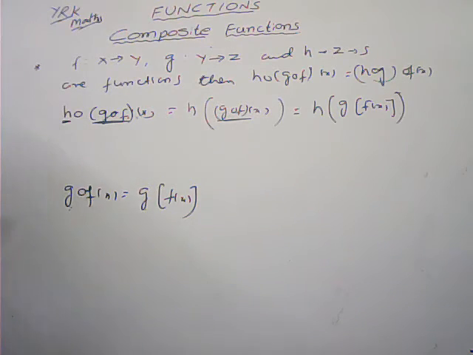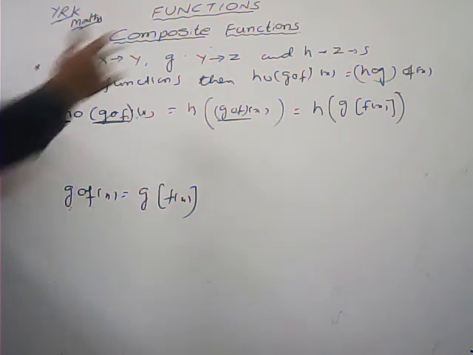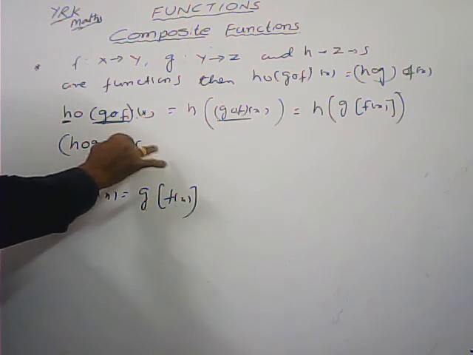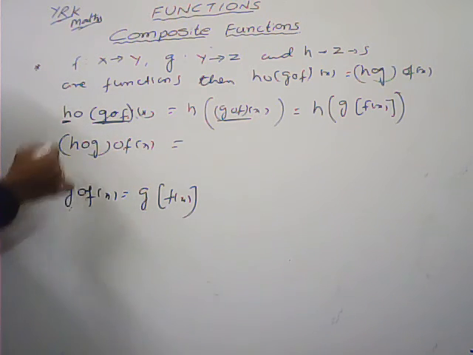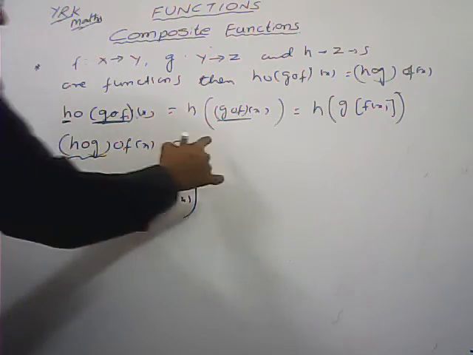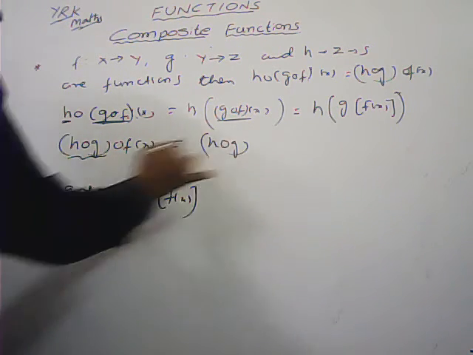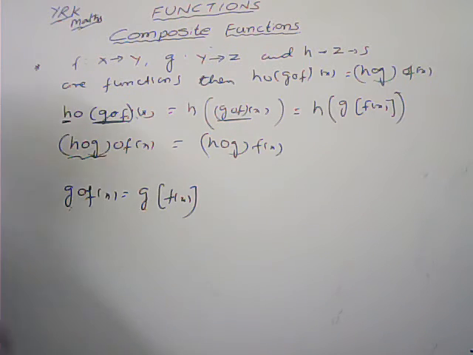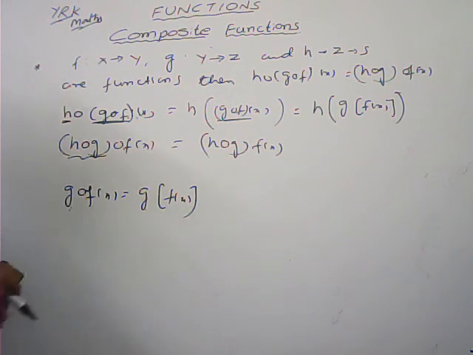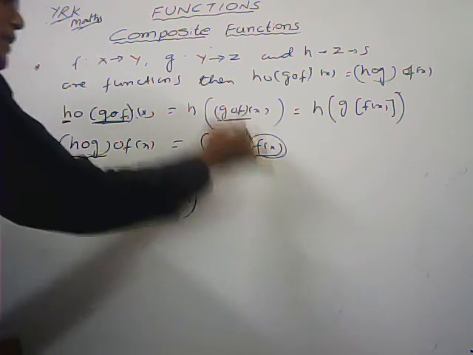So H circle G circle F of X equals H of G of F of X, you can write. And one more: H circle G circle F of X. This one also you can consider G circle F of X, equal to G of, in the place of G, H circle G is there, G of F of X. This is also in the form of G circle F of X. Now that is in the form of G circle F of X. This total you can consider X only.